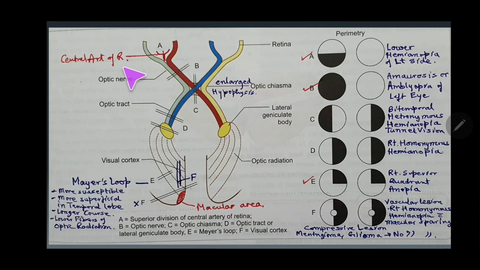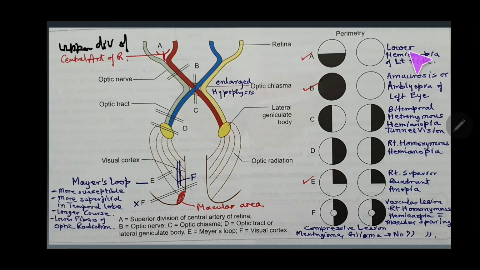So if there is an injury of the upper division of the central artery of the retina, there will be injury of the upper half of the retina, and that will cause a defect in the lower half of the visual field of that eye.